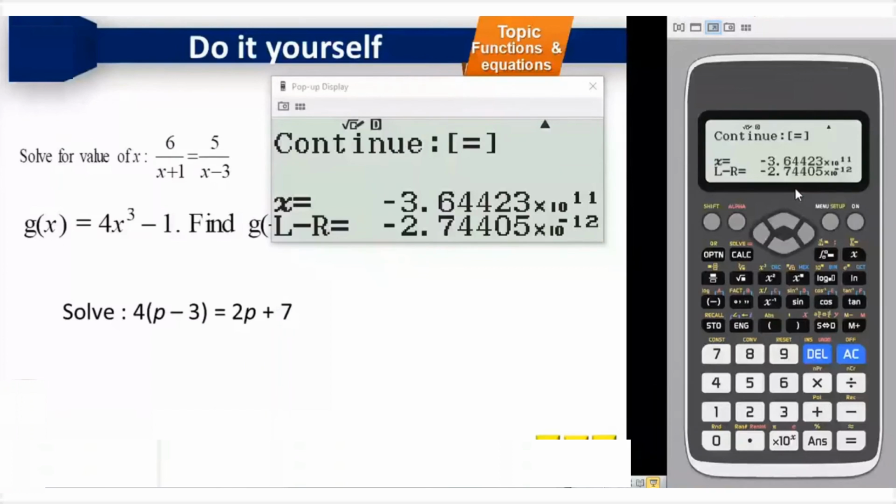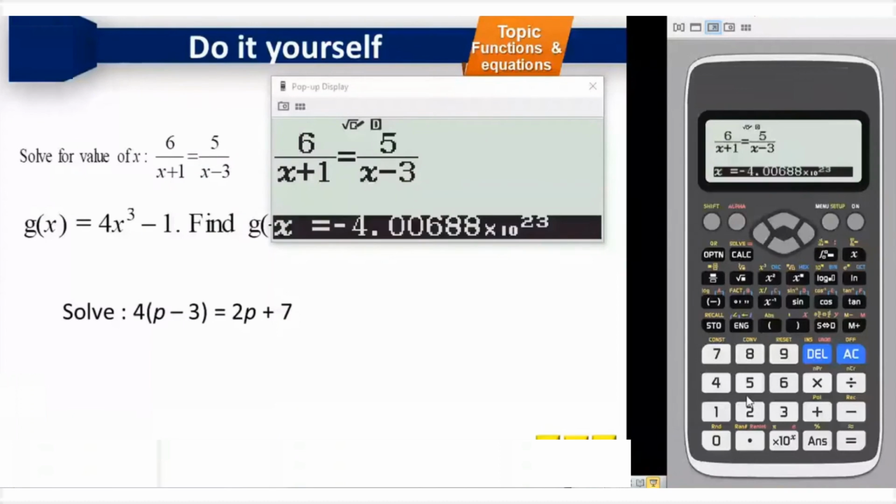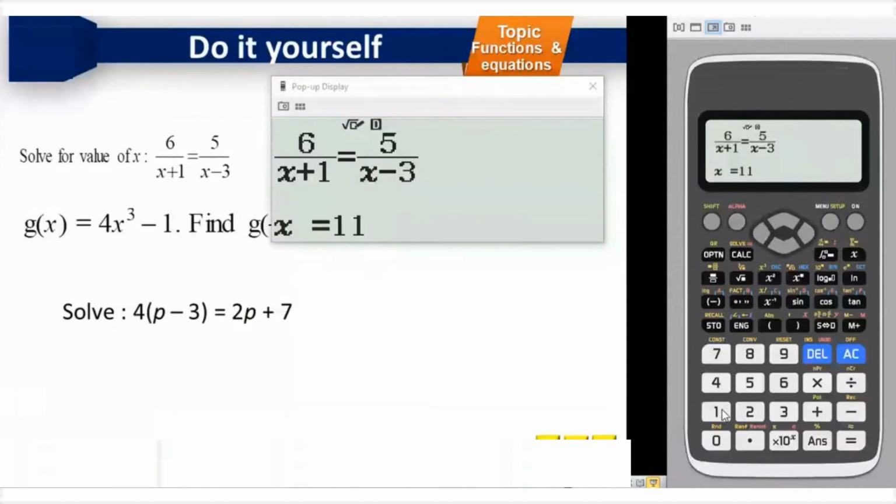So I will come out of this by pressing the right button, and I will press shift and solve, and I will keep the stored value as 1. You start off with 0, you move on to 1.